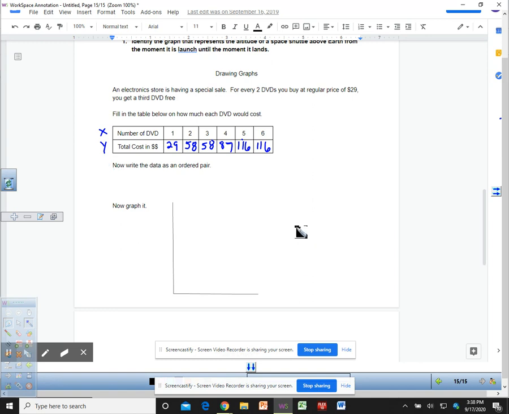You get to pick how many you buy. So we're going to say this is the DVD number, and this is the cost, because we can control how many we buy. That's why it's an x value. We control it. The cost, we don't control. So that's a y. If you're graphing them: (1, 29), (2, 58), (3, 58), (4, 87), (5, 116), (6, 116). Our graph is going to look like this.